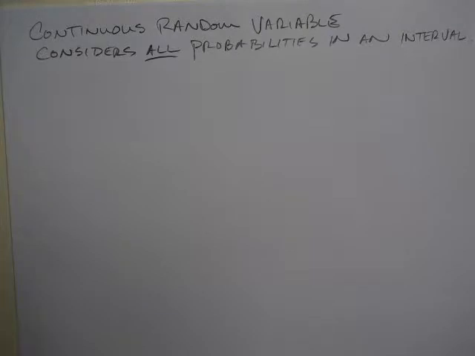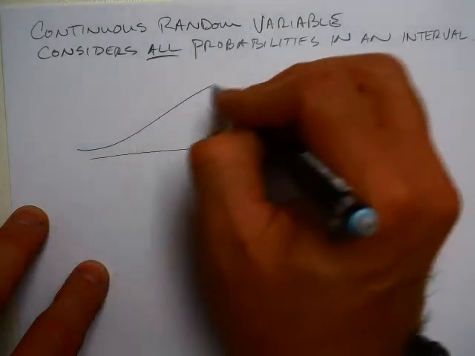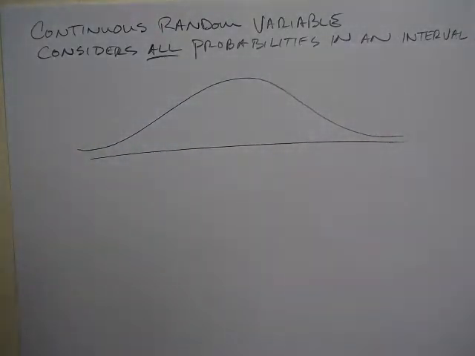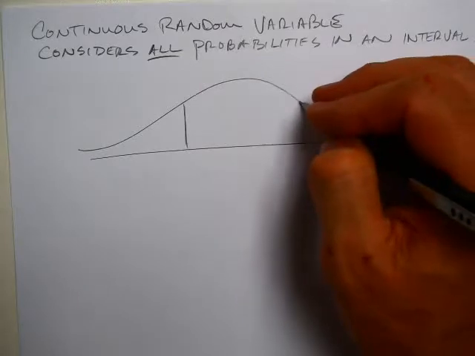Considers all probabilities in an interval. And you're gonna like this. This is gonna look familiar. Remember our old friend that we haven't seen in a while? Right? So you guys will know the answer to this.